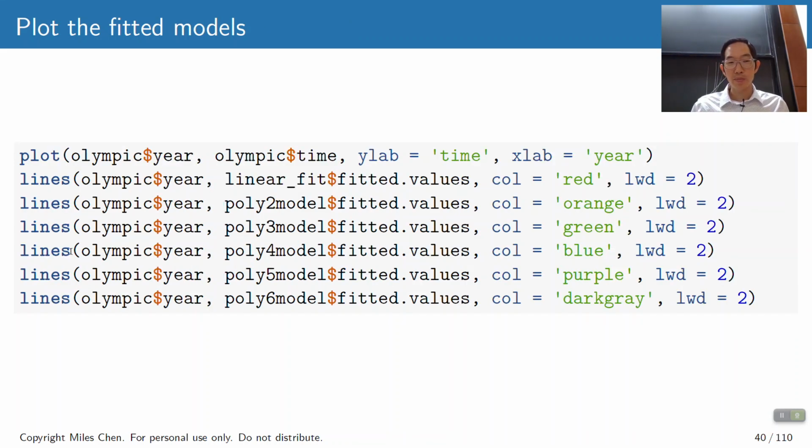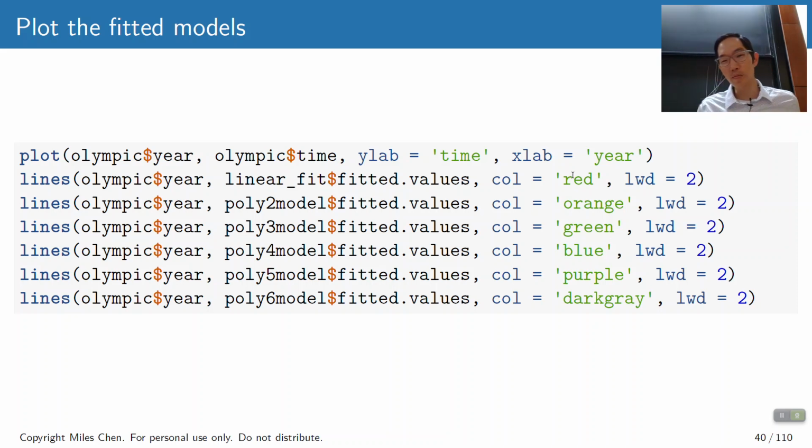And so now I take all of those models and I'm going to just plot them. I'm going to take the polynomial models and plot the fitted values: poly 3 model fitted values, poly 4 model fitted values, poly 5 model. So I'm just saying, hey, what values did it predict?